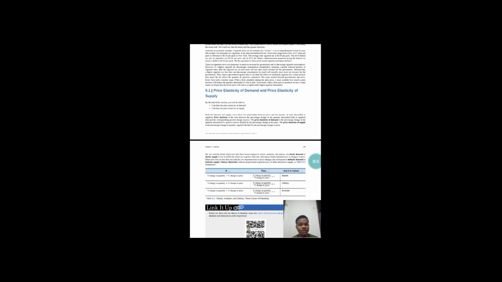Unitary is equal to 1. And inelastic is less than 1.